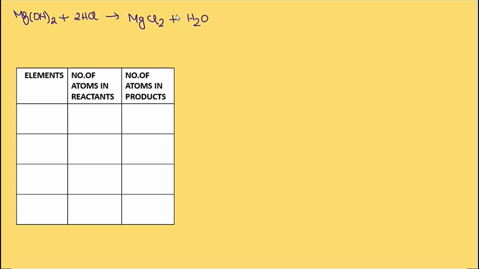Now here, as in the previous case, it's 4 atoms on the reactant side and 2 atoms on the product side. So to make 4 atoms for hydrogen, we will simply multiply water, or H2O, with 2. Now let's check the updated number of atoms in the table.